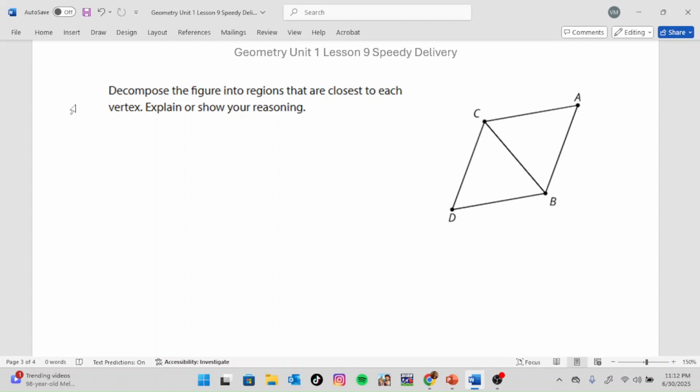So what we're going to do is draw a bunch of perpendicular bisectors.